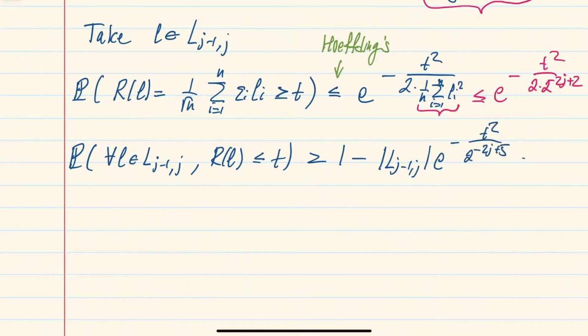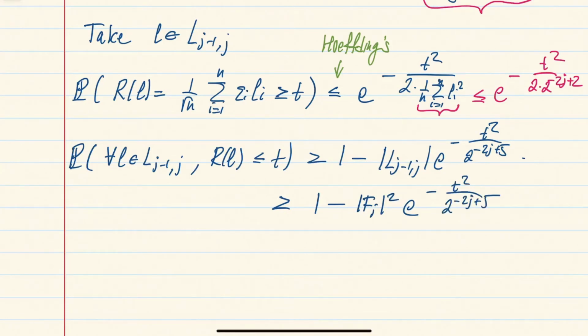That's just by union bound and going to the complements. The number of links between level j minus 1 and j is just the cardinality of F_{j-1} times F_j, which is bounded by the cardinality of F_j squared, and so we get this lower bound.